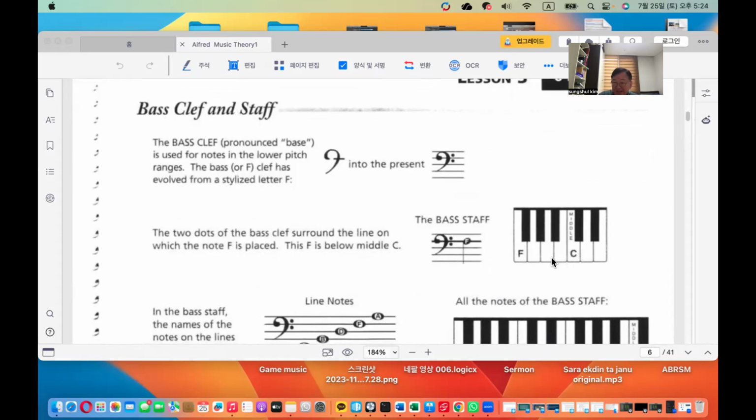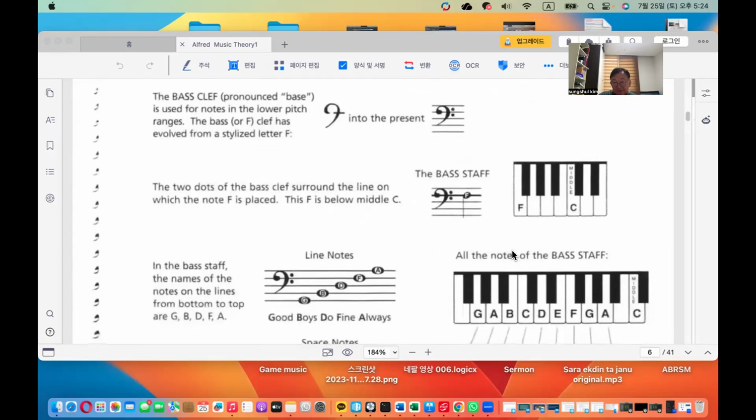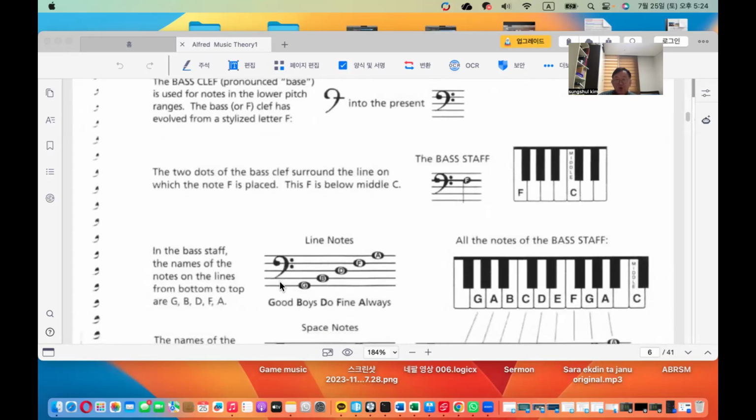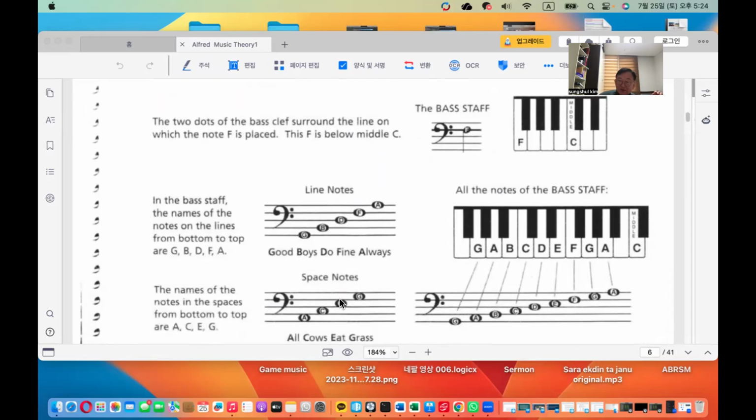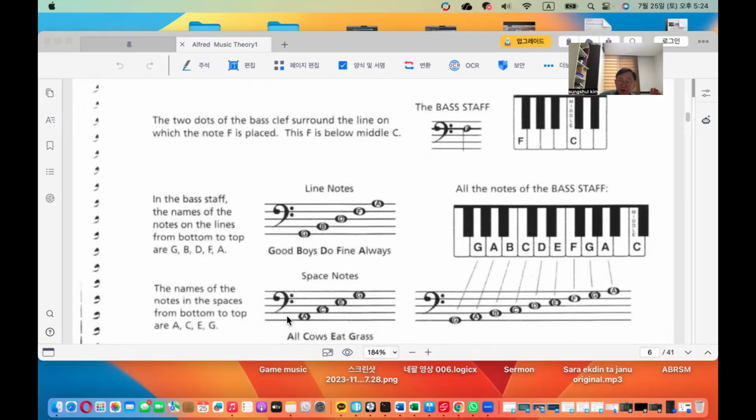C, B, A, G, F. The bass clef also has lines: line 1, line 2, line 3, line 4, line 5. Also, the bass clef has 4 spaces: space 1, space 2, space 3, space 4.